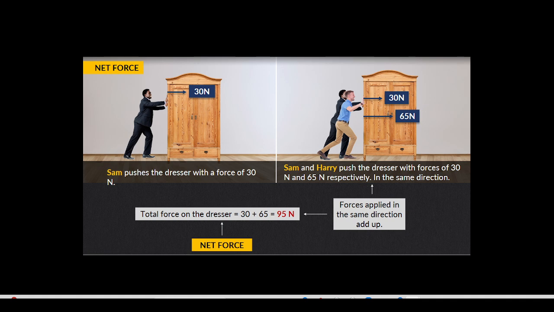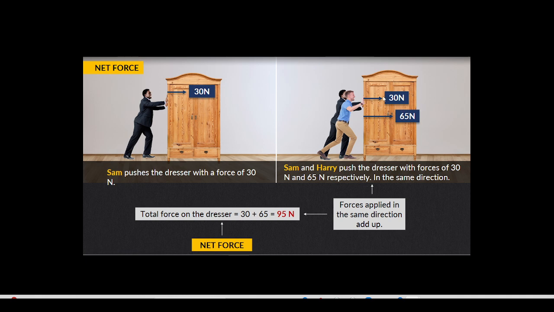So that means the force depends on how much force there is in the first case. What is the force? 30 Newton. Good.